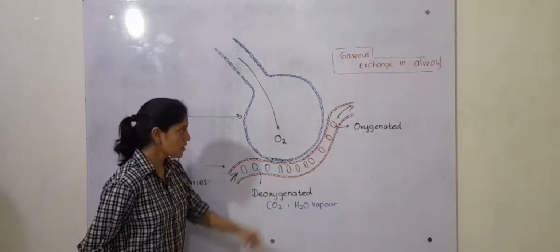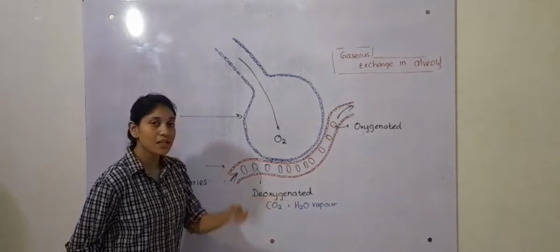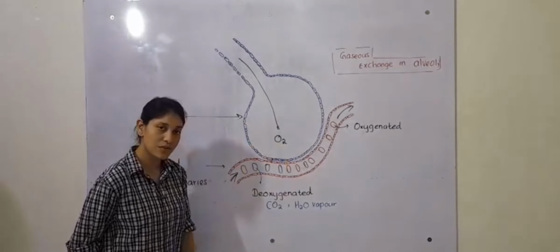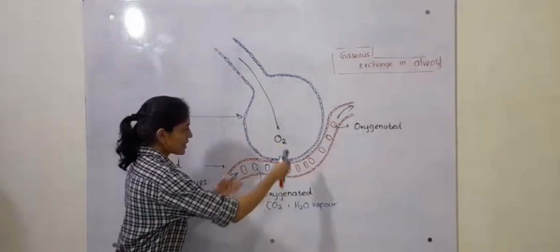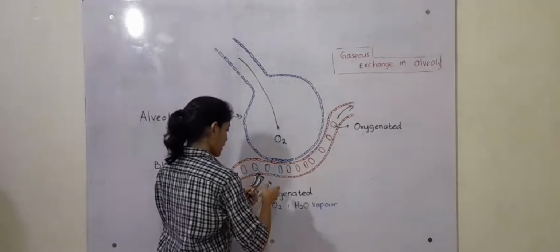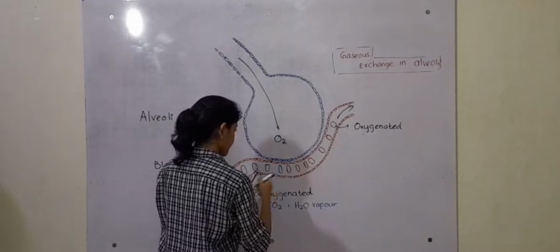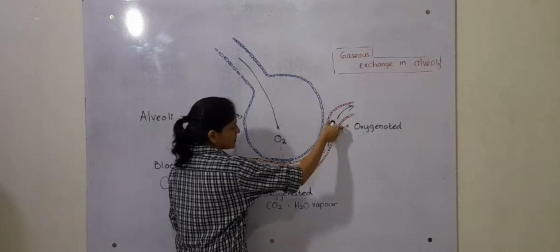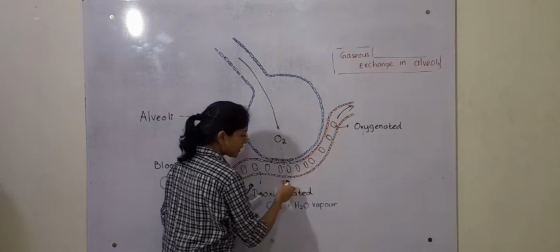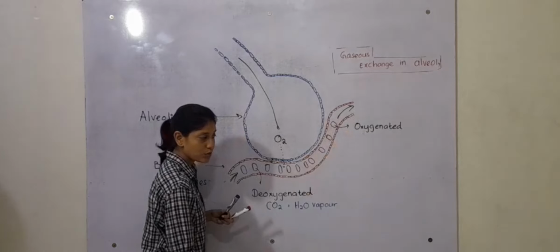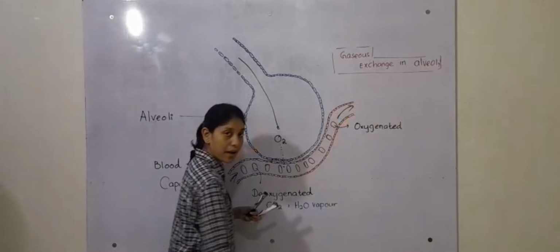So this gas passes down the concentration gradient, from a higher concentration to a lower concentration. Then the red blood cells, the blood in this blood capillary, is getting oxygenated. Understood? That means oxygen is present in the blood.